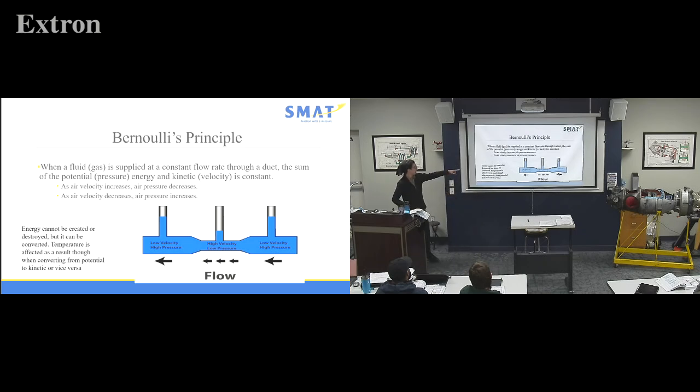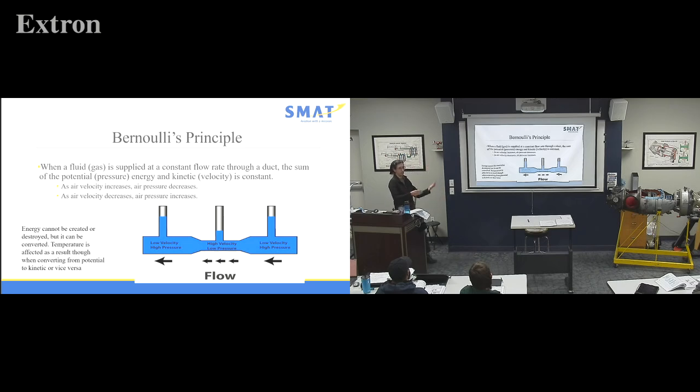So, energy cannot be created or destroyed. You can convert it. So you can exchange one for the other, but you can't have pressure increasing with velocity increasing unless you do special stuff.